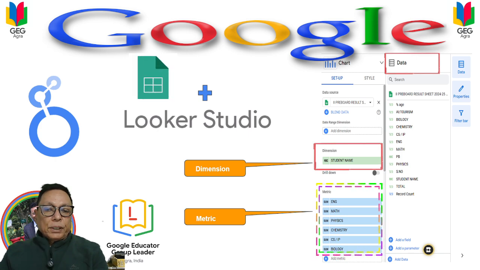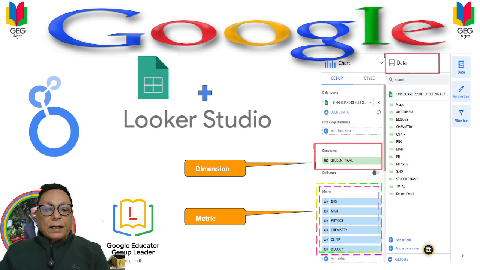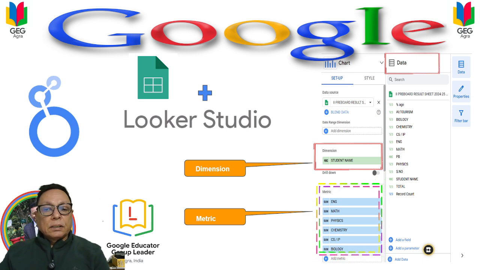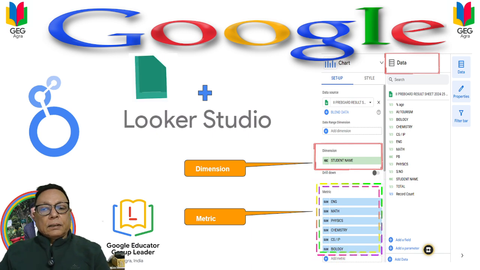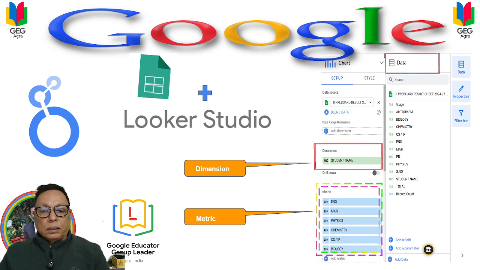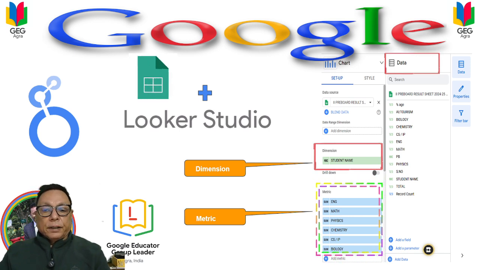This time I'm going to take the data source from Google Sheets, and for that the Google Sheet should be there where you are going to create this Looker Studio report. And there are some special components which are to be discussed here and taken care of.